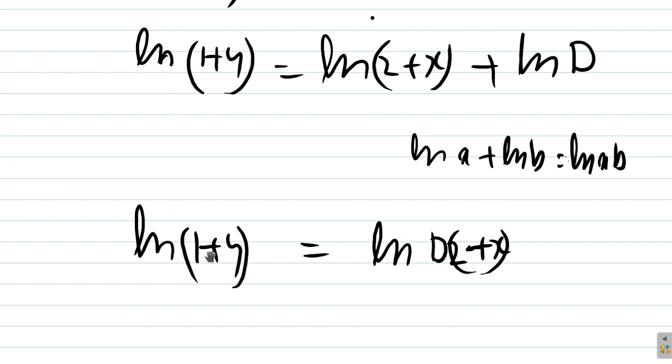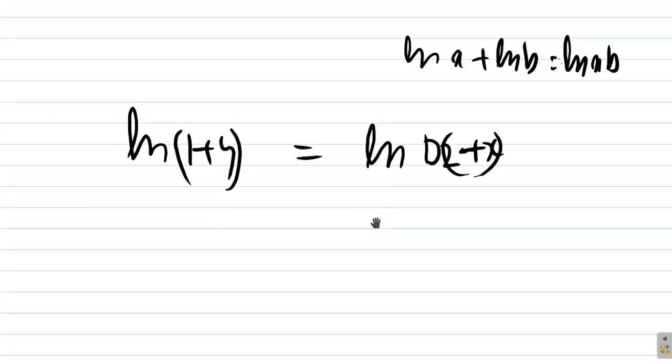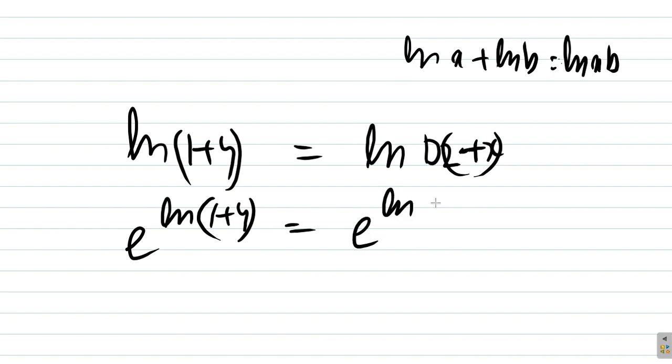Suppose you find e to the power of both sides. Because remember, e, the base of natural logs, will cancel out the log. So you get e to the ln 1 plus y equals e to the ln d 2 plus x.